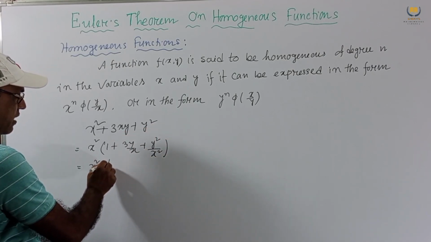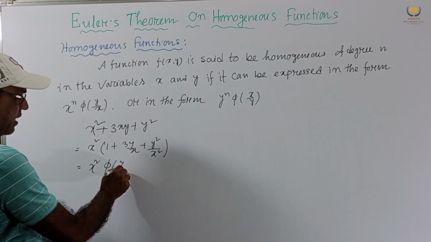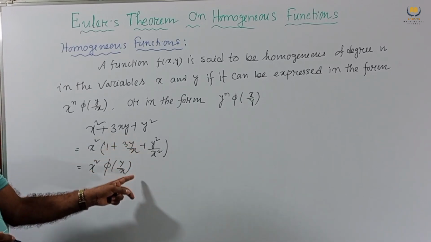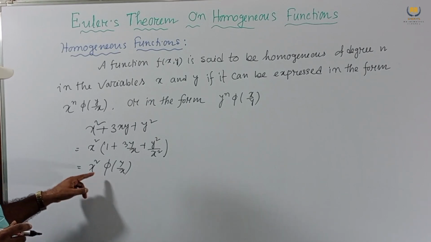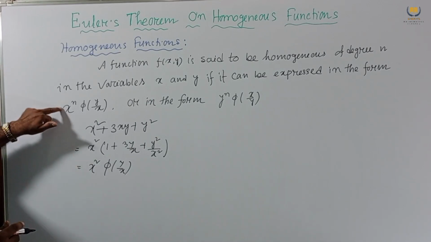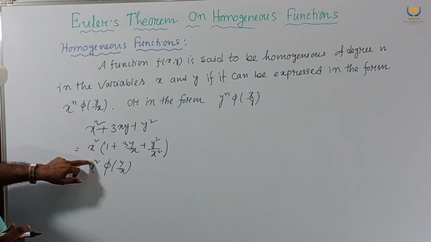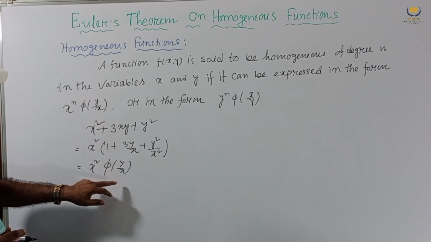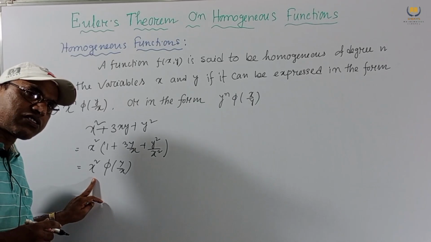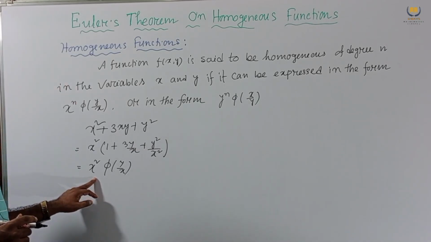So we can write phi of y by x. In short form, phi of y by x. So this is a homogeneous function. If we compare, the power of x is n, here it is 2, and y by x is the same. So this is a homogeneous function of degree 2.